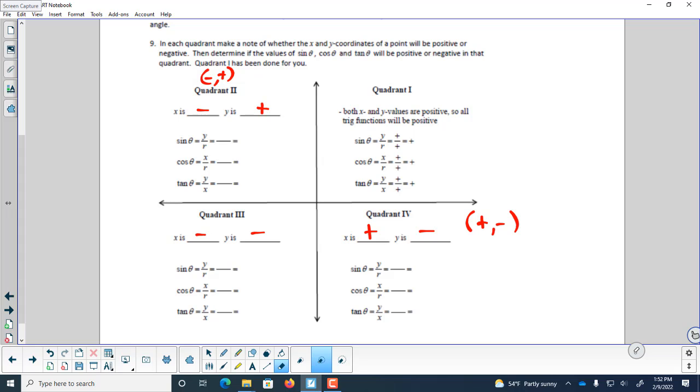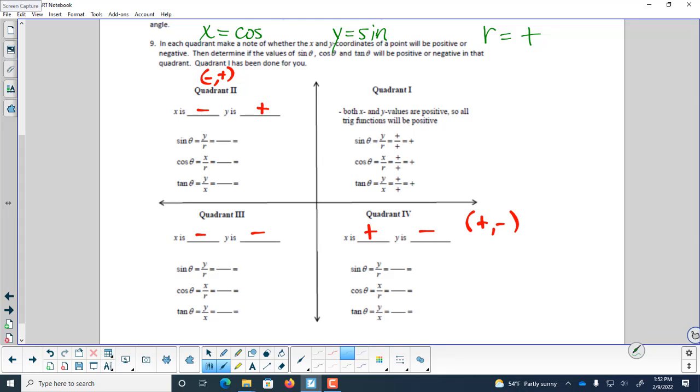Okay? So what did we say on Monday that was helpful? I think we said that, remember the x goes with cosine and y goes with sine, right? R is always positive, okay? So the trig functions that depend on y, well, sine just depends on y, and r is positive.